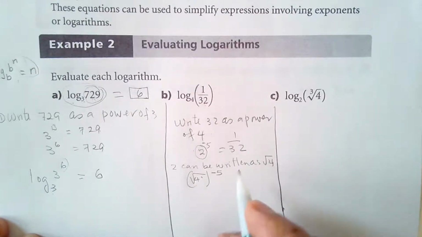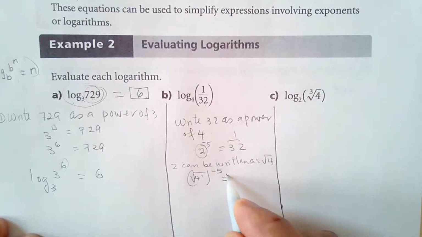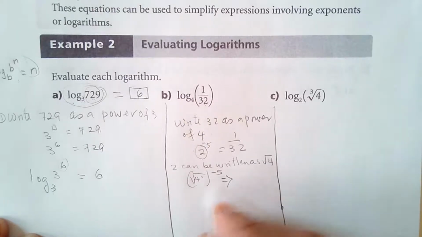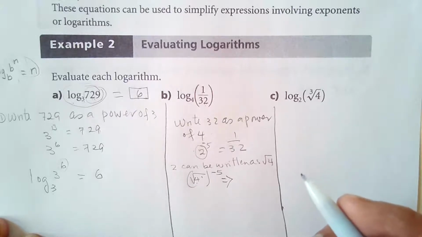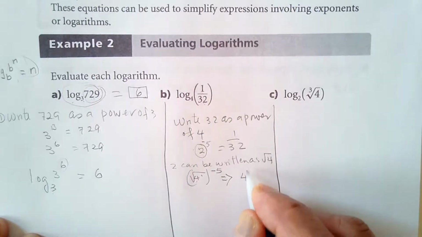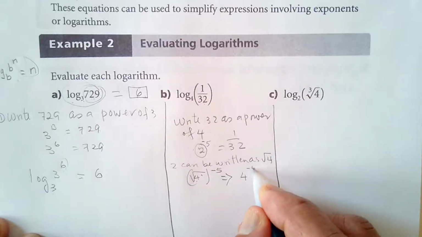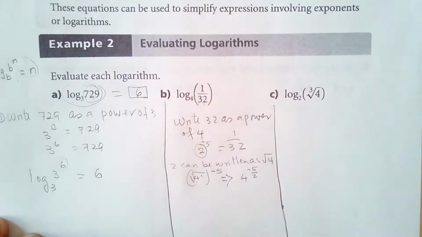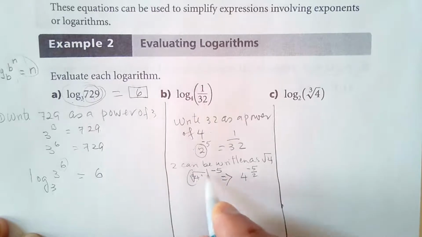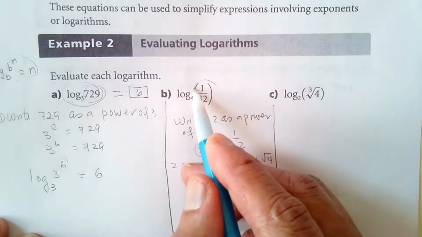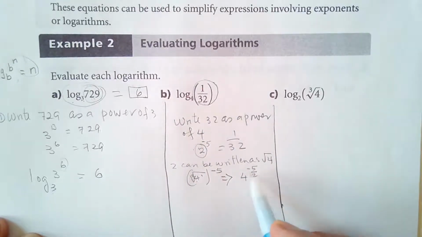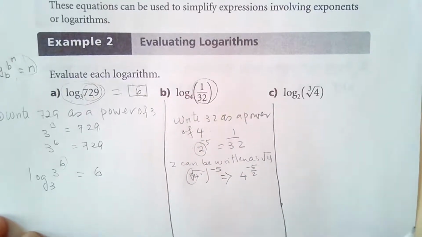Now we can write it as an exponent using our exponent rules, which is 4 to the negative 5 over 2. Because remember, this is 2 here. I'm writing it back as an exponent. So all of this here is 4 to the negative 5 over 2.